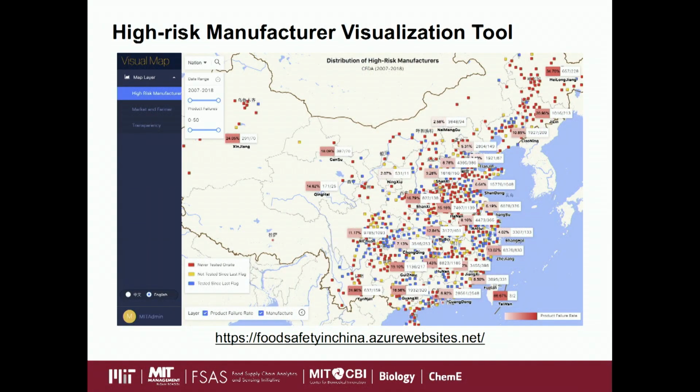Now, to operationalize this insight, what you see here is an interactive tool that we've created that highlights what we call high-risk manufacturers. These are manufacturers whose products failed at the retailer store because of another trend that is very likely to be introduced by their own practices.